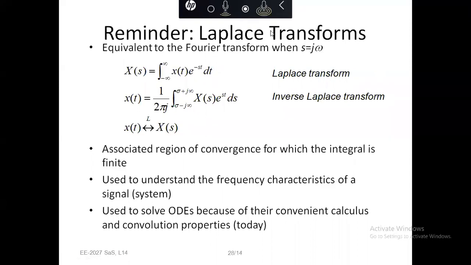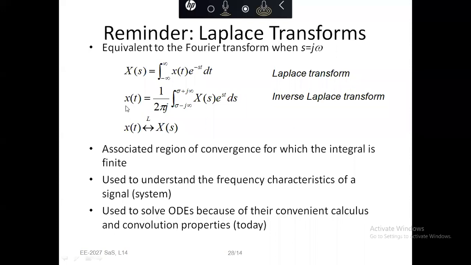So we take the Laplace transform by replacing s by j omega, with e to the minus st, and this is the Laplace transform by definition as we learned in the last lecture.